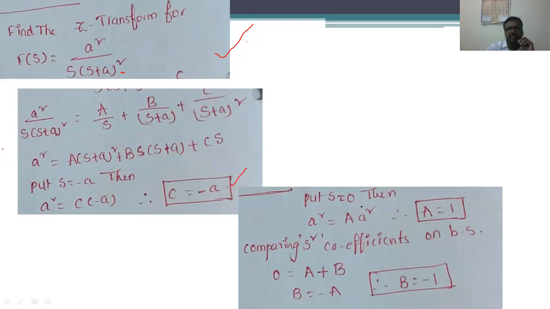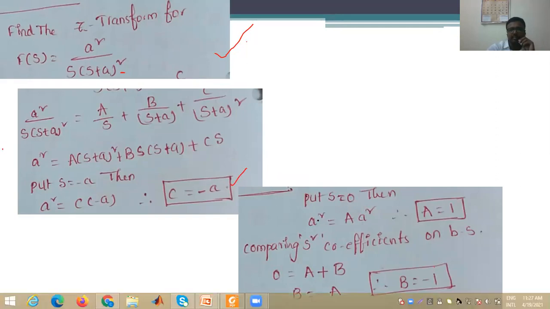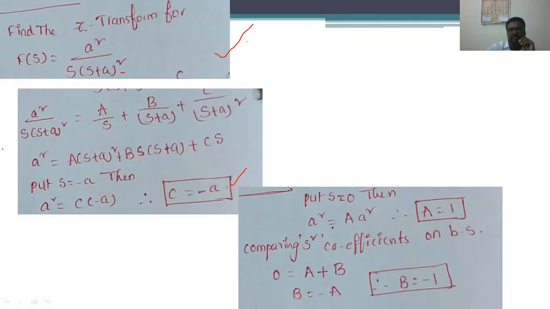Now substitute s = 0 in this equation. We get a² = A a², so we obtain A = 1.